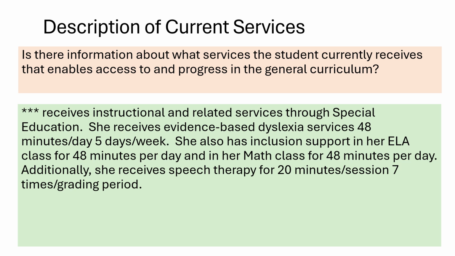This is a middle school student. So when the committee meets, we know what she's currently receiving. And if she's being successful in her speech goals, for example, and she's mastered them, then maybe direct speech therapy services are no longer needed and they can become indirect, or she can be dismissed from speech.